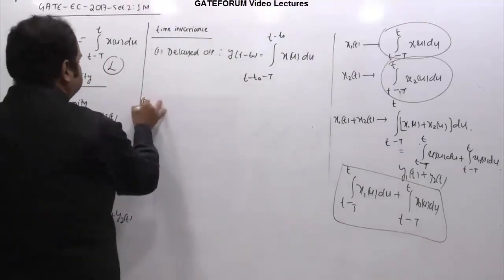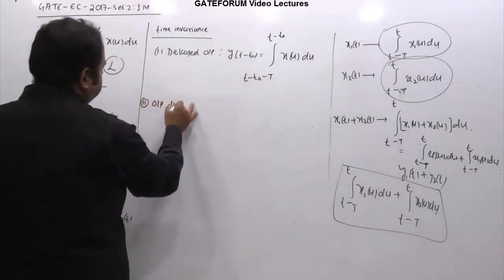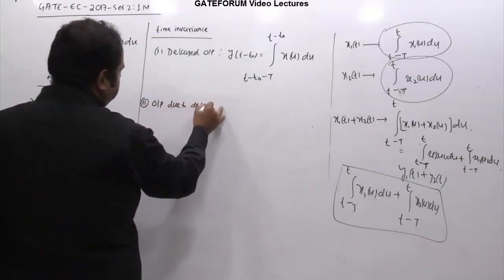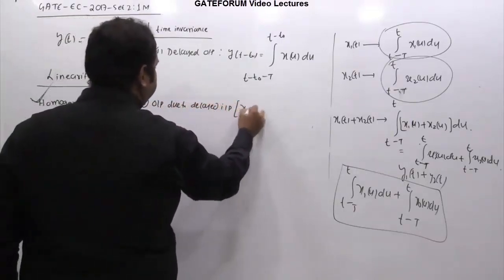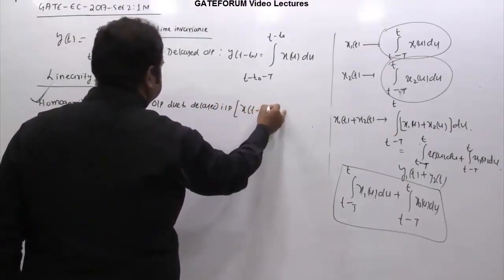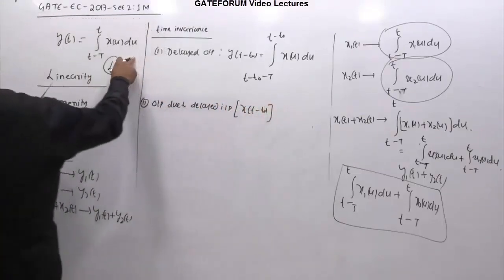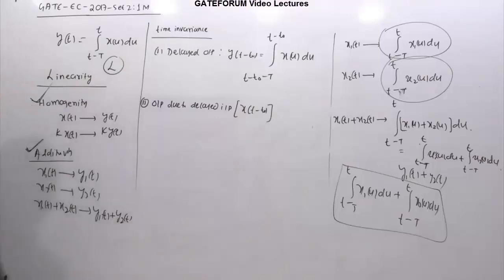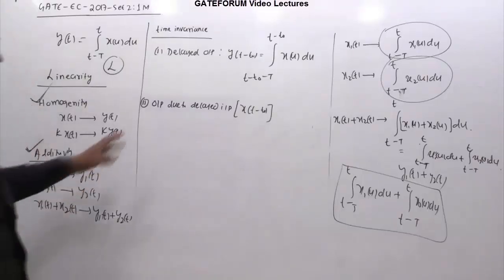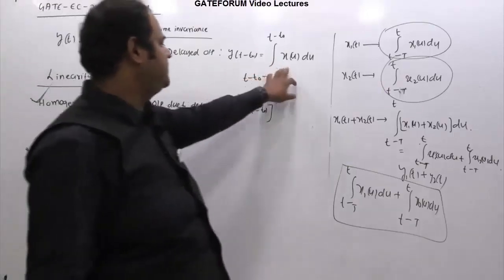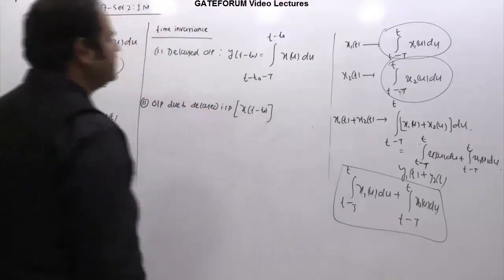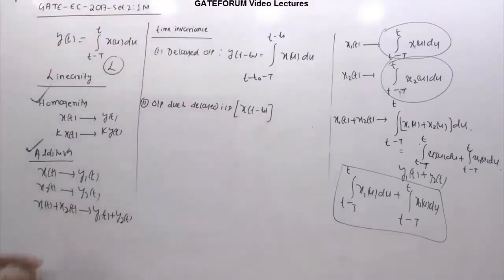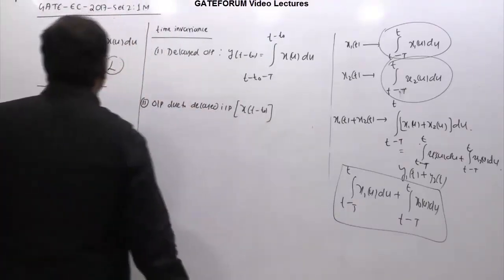Now next is the output due to delayed input. What is the delayed input? The delayed input is nothing but x(t minus t0). So this is the output when the input is x(t). Now you want to find the output when the input is x(t minus t0). So this output should be the same as this. If this is happening, I will say this is satisfying the condition of time invariance, otherwise it is a time variant system.